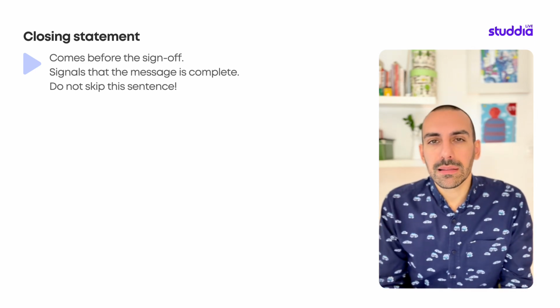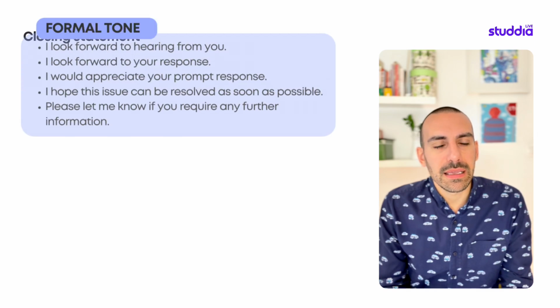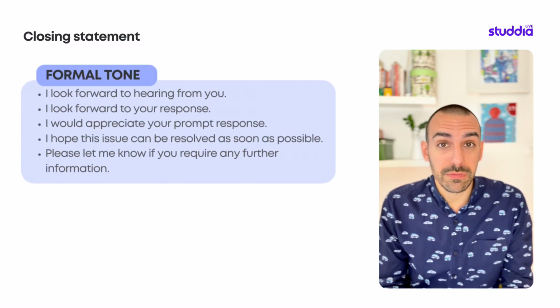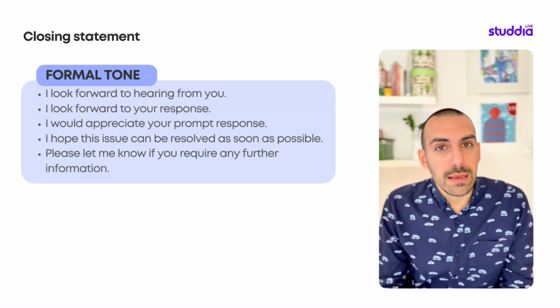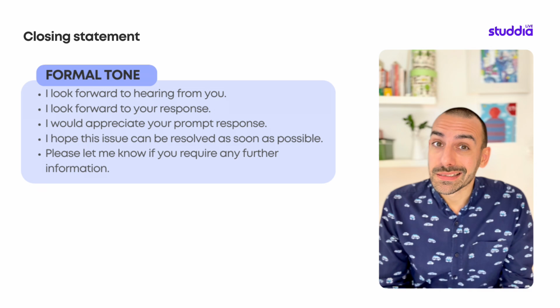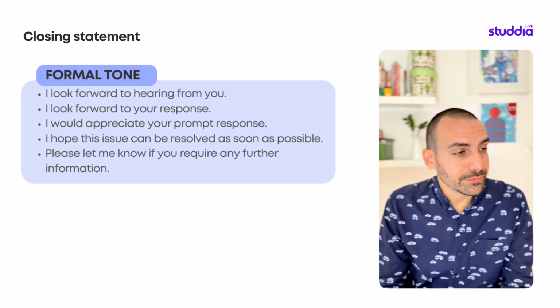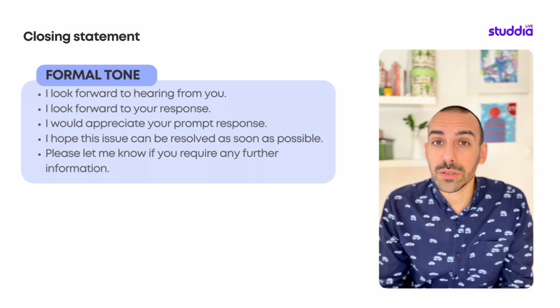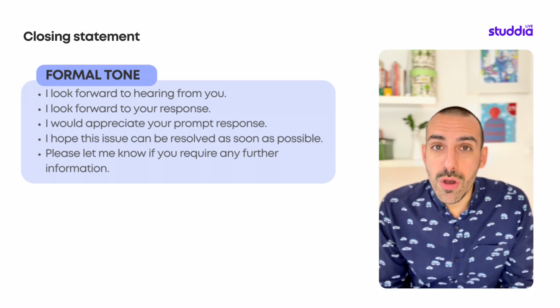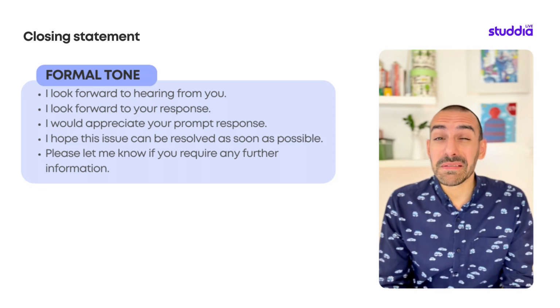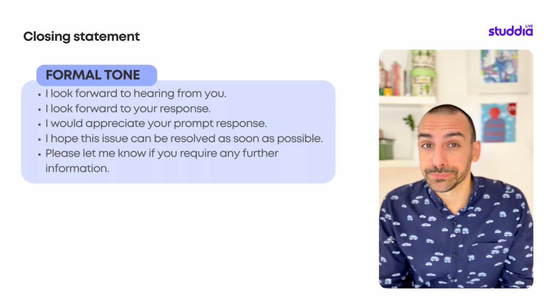In formal letters, you might say things like, I look forward to hearing from you, or I would appreciate your prompt response, or thank you for your time and consideration, or I look forward to a quick resolution to this matter. Or please let me know if you require any further information.